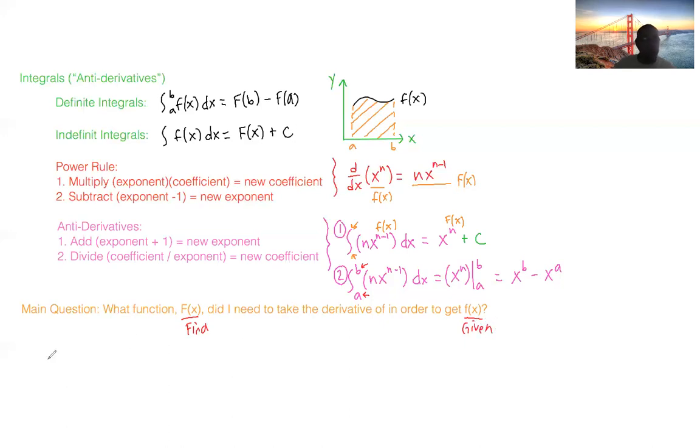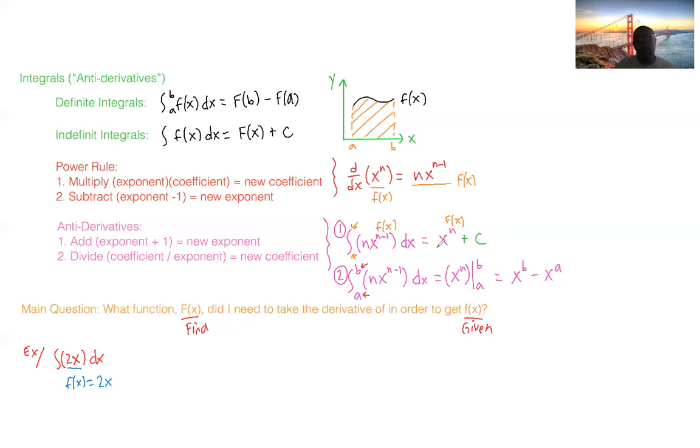So let's get into our first example. If I give you the indefinite integral of the function 2x with respect to x, when you're asked to evaluate this, you're going to look at this and say, okay, my function that I'm given, my little f of x, is 2x.